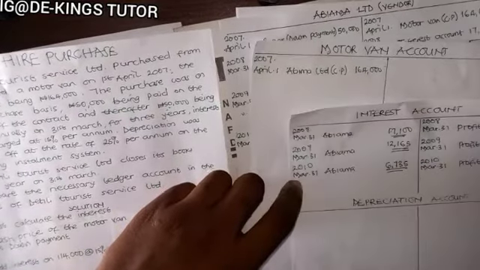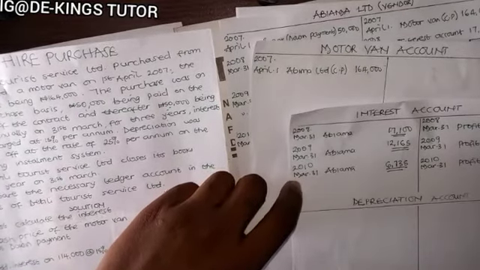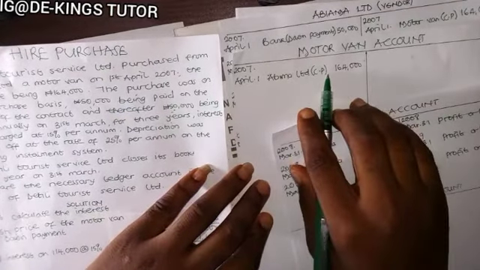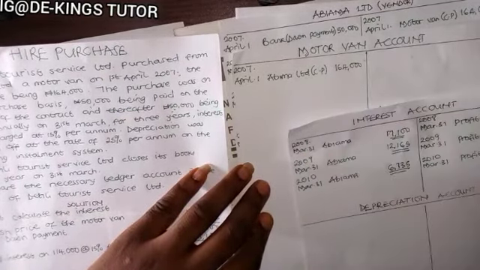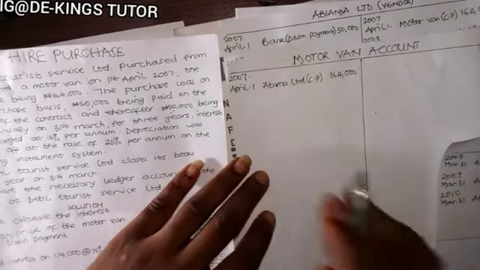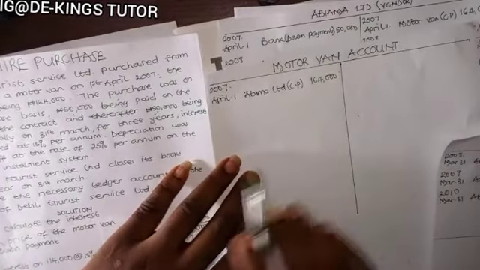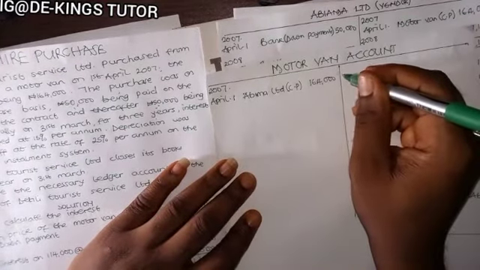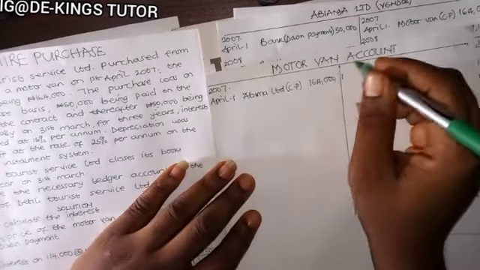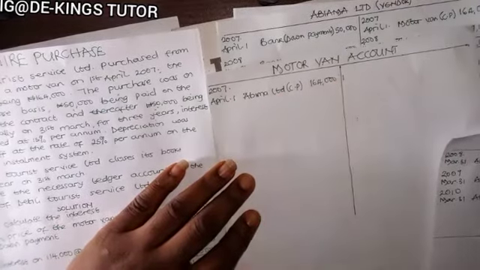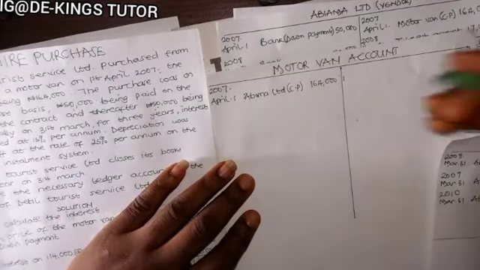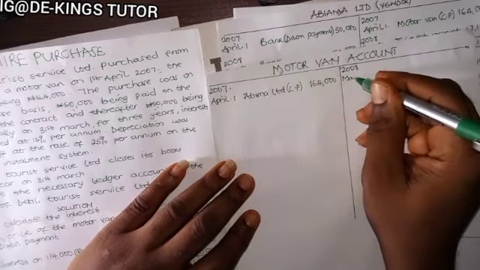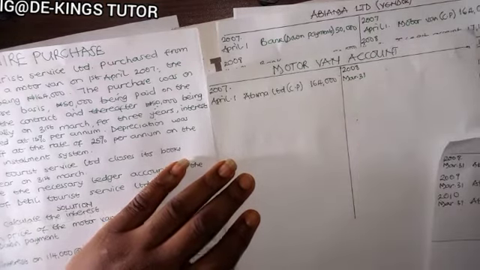So from this now, if you watch here, we have the cash price that was recorded before for the motor van, the asset account. We're going to record the depreciation at 25% per annum. So it will not be done where they bought it. The depreciation should be 1 year after, so it will be at 2008, March 31st.